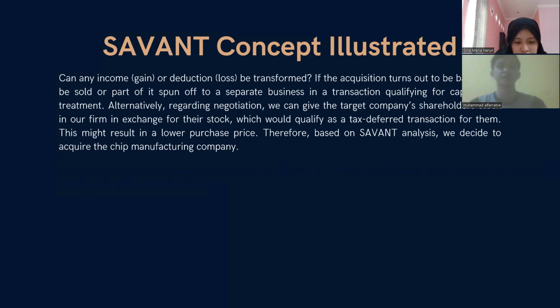Alternatively, regarding negotiation, we can give the target company's shareholders stock in our firm in exchange for their stock, which would qualify as a tax-deferred transaction for them. This might result in a lower purchase price. Therefore, based on SAVANT analysis, we decide to acquire the chip manufacturing company.